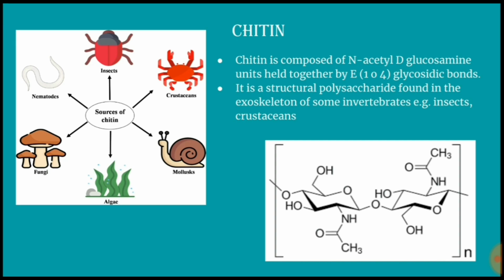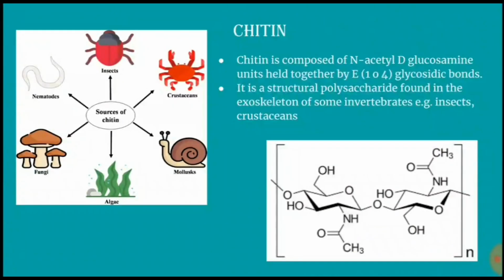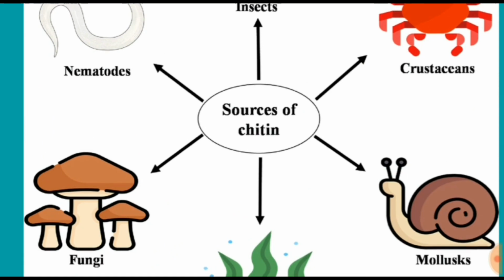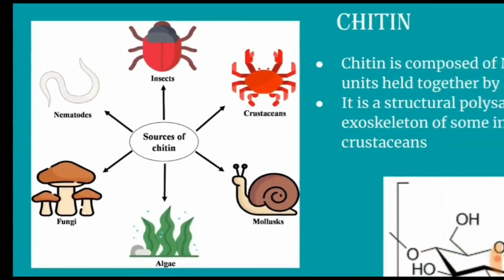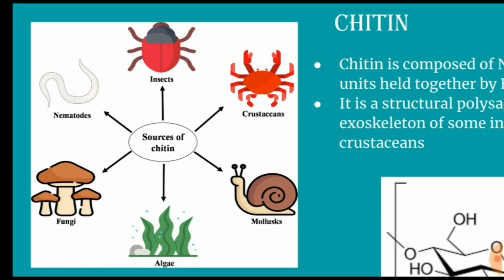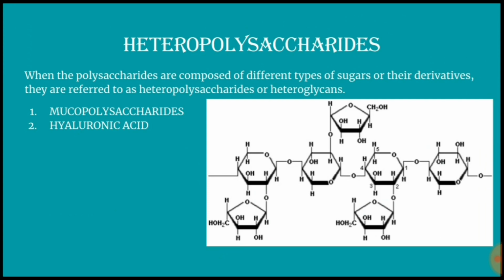Invertebrates are the ones which do not have a vertebra, like insects and crustaceans. Crustaceans are shelled organisms like mollusks. Sometimes it is found in algae, fungi and nematodes, as well as crustaceans and insects. So this is the chitin observed in the different exoskeletons of invertebrates.